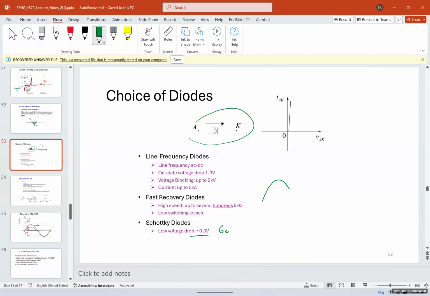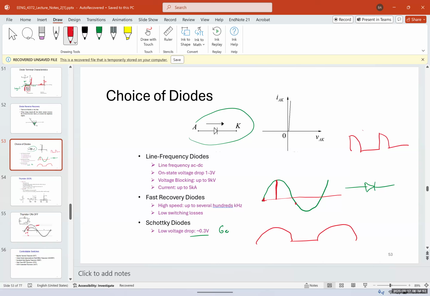If you have a sinusoid signal coming from an outlet and you connect it to the diode, you can't turn it on, let's say, in the middle of the positive cycle. It automatically turns on around here and turns off around here, so what you have in the output is this. If I want something different in the output, I cannot do this. I have no control on when it turns on and off. It's completely dependent on its input.